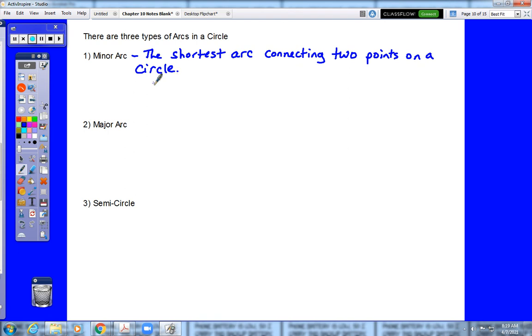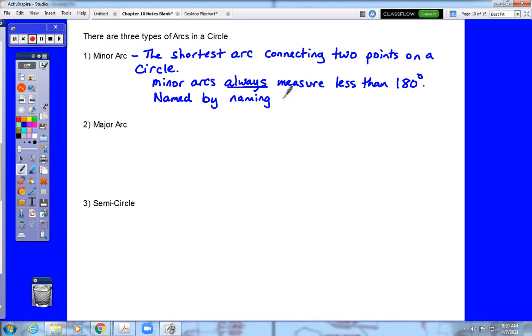It's worth noting that minor arcs always measure less than 180 degrees. Always. And they're named using the endpoints of the arc.